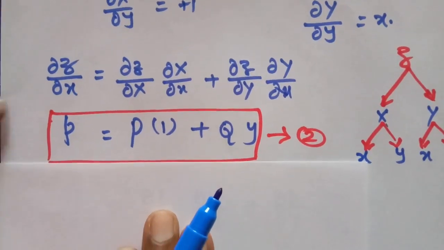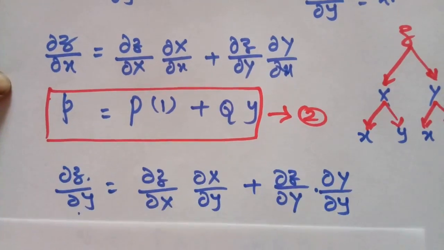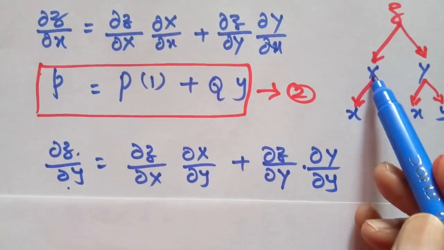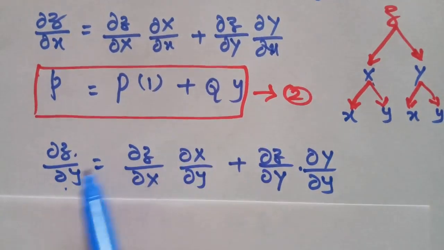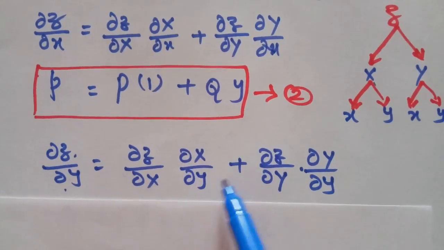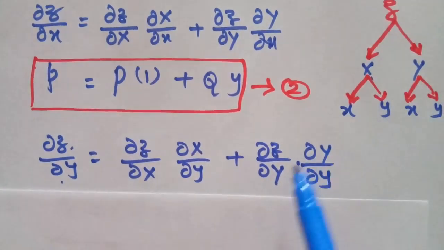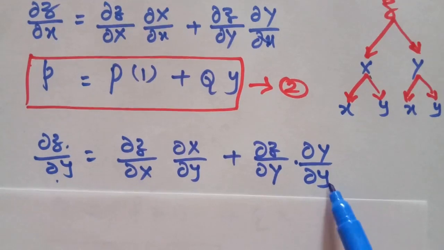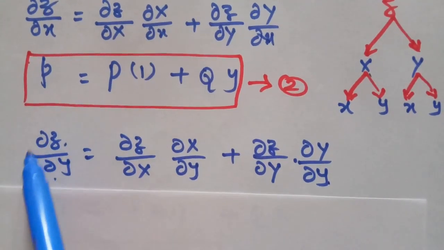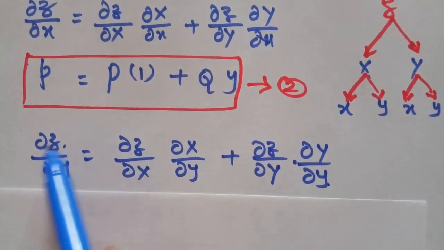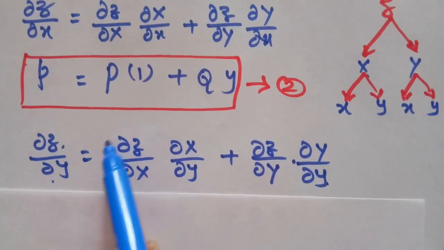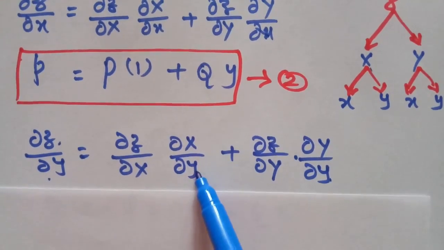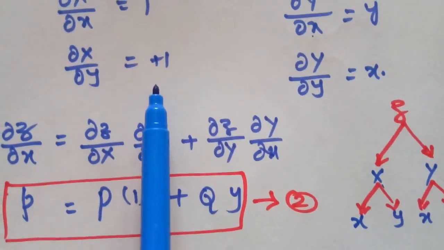Similarly, dou z by dou y. Dou z by dou y is equal to dou z by dou capital X times dou capital X by dou y, since we are differentiating with respect to y, plus dou z by dou capital Y times dou capital Y by dou y. This value is small q, which we are using from the beginning of this unit, and this is capital P. Capital X with respect to y value is 1.